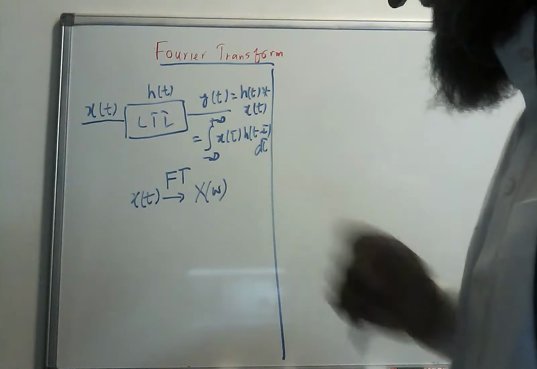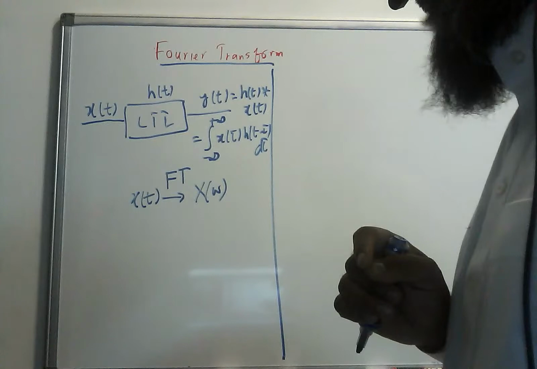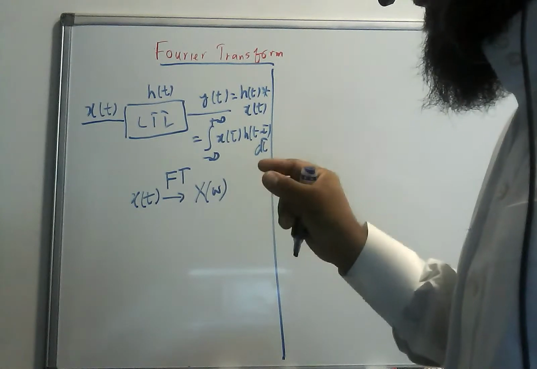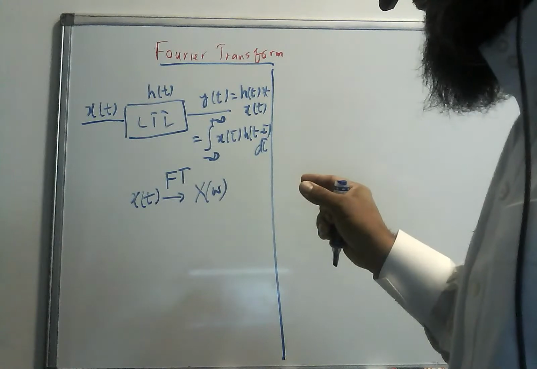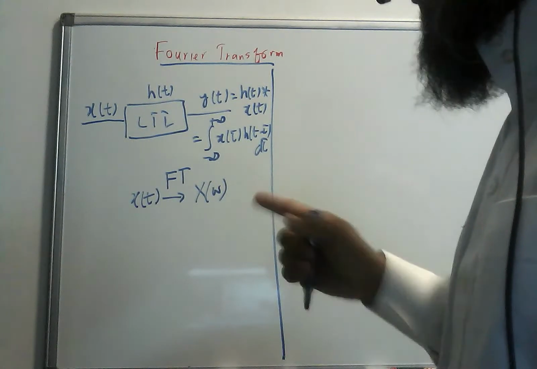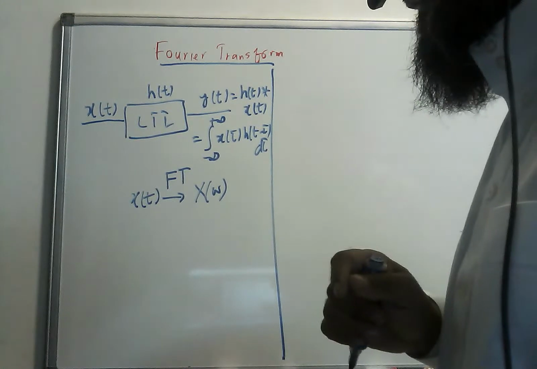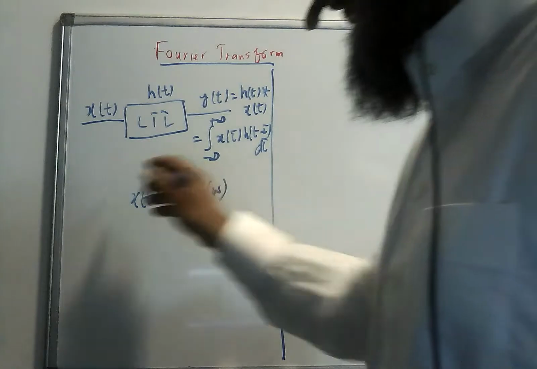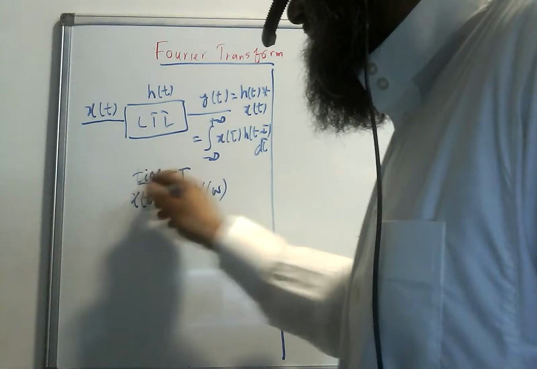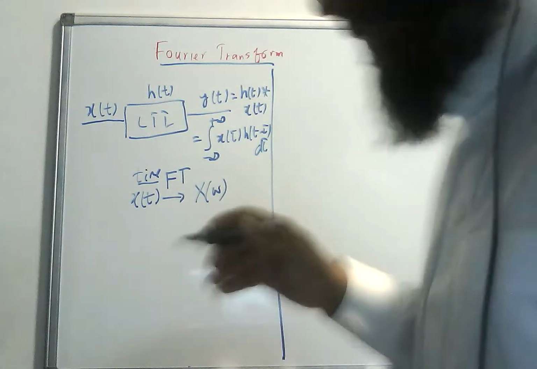So why do we do the change of domain? Why do we need a signal in time domain as well as in frequency domain? The reason is to design a system, and also there are many things which become much simpler in the frequency domain. So for every signal there will be a time domain and there will be a frequency domain.